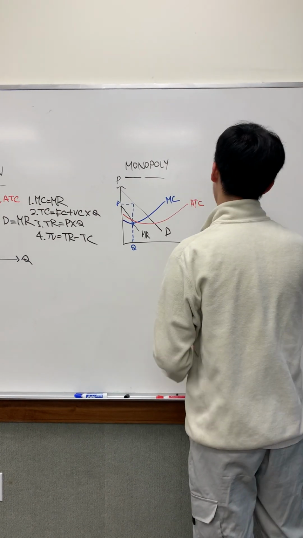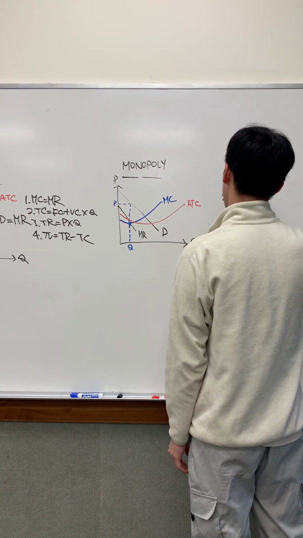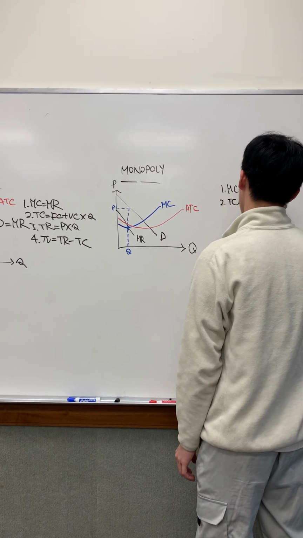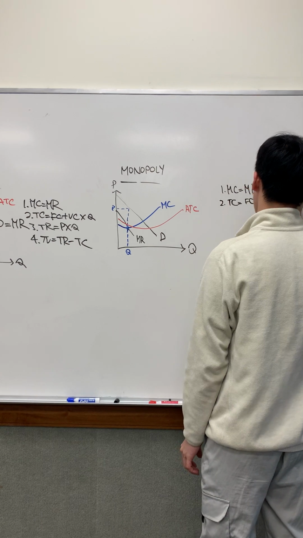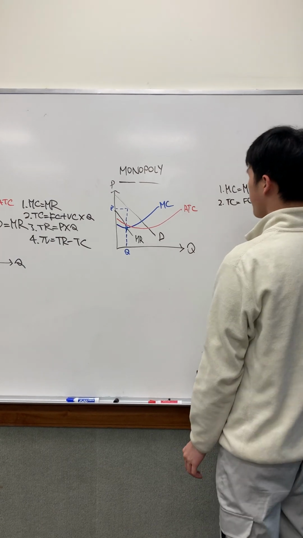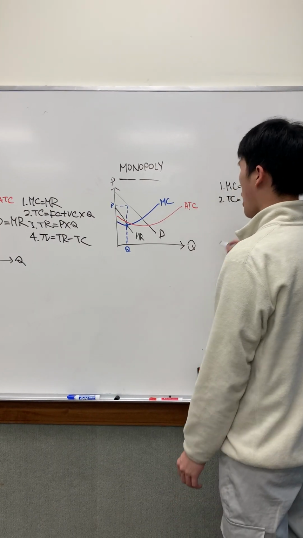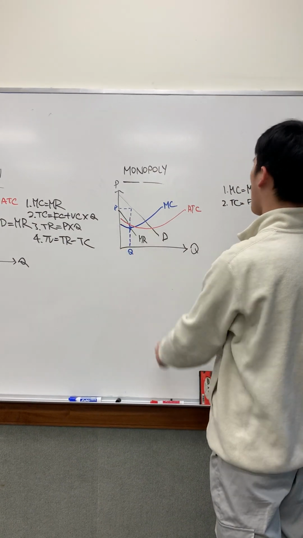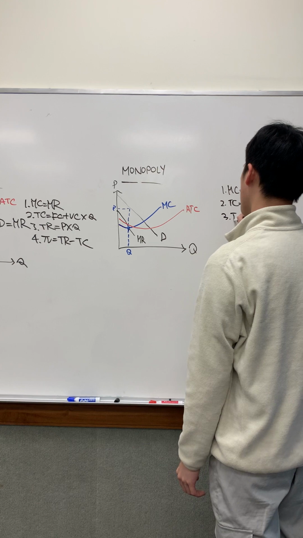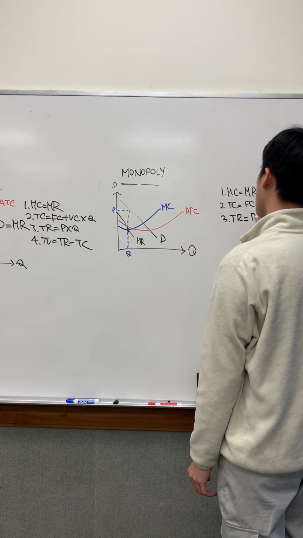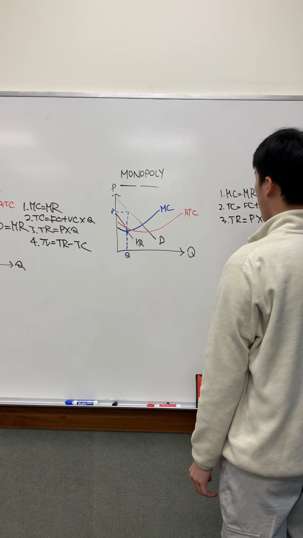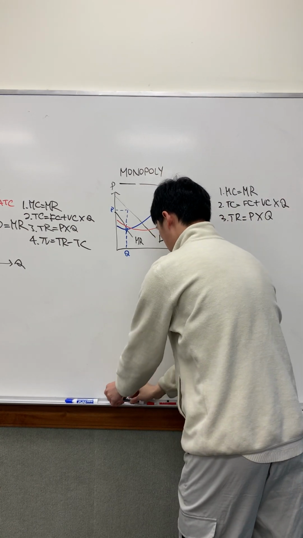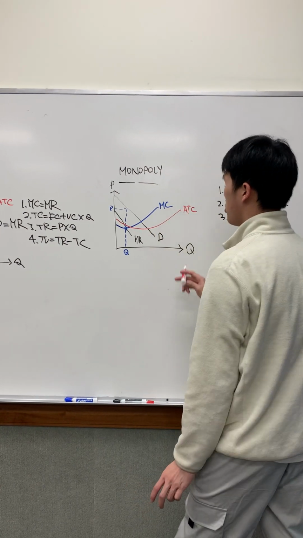Because of the same rule, total cost is going to equal fixed cost plus variable cost times quantity. And we already know what the total revenue looks like because we already have the price level and the quantity level. Basically it's the same rule as perfect competition.